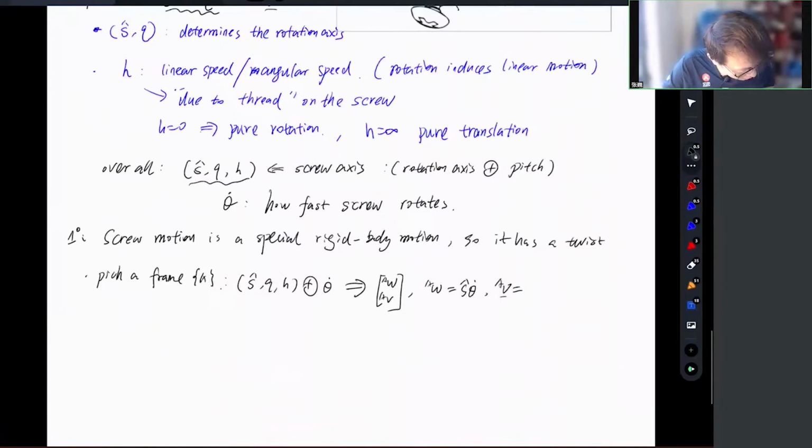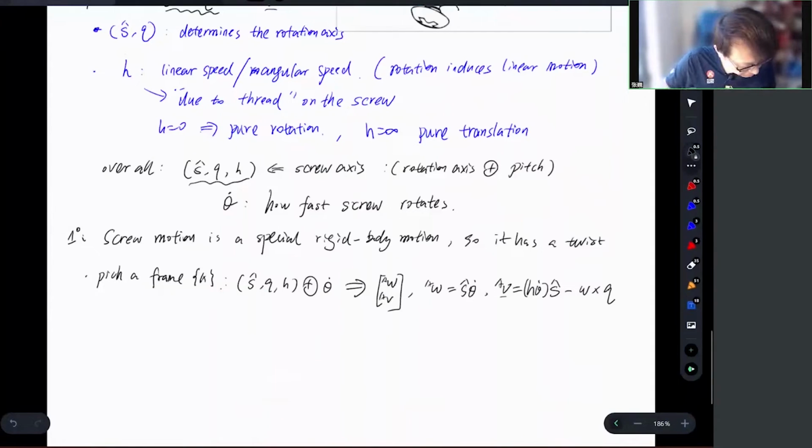Let's directly write down the solution, okay? That's h theta dot s hat minus omega cross q, right?